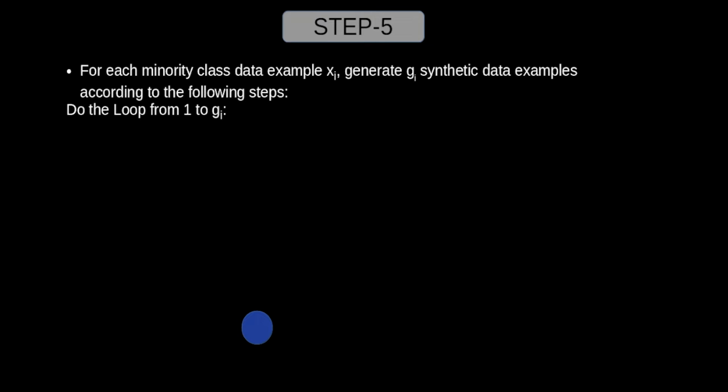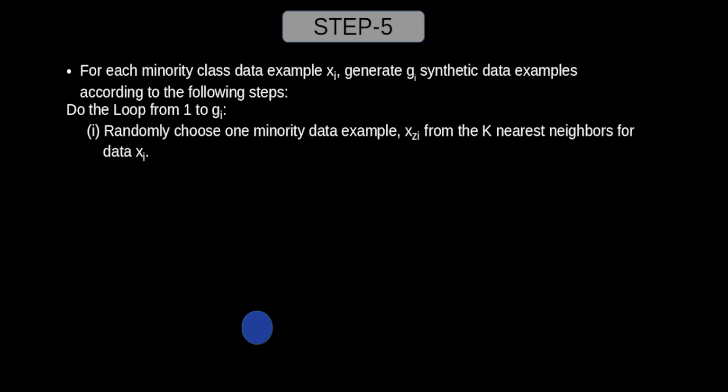We randomly choose one of the minority data examples xzi from the k nearest neighbors for the selected data example xi. Consider this is our neighbor of that selected minority class example, also called xzi.